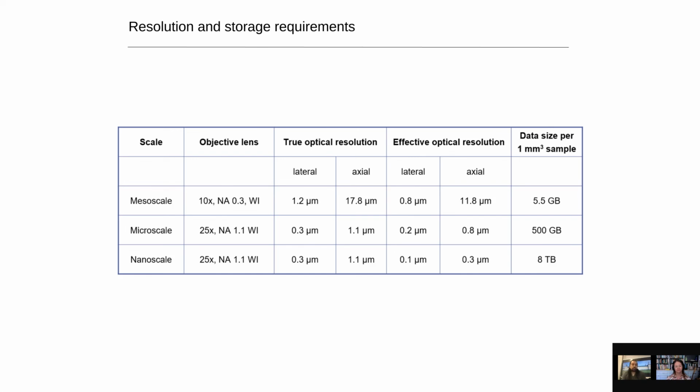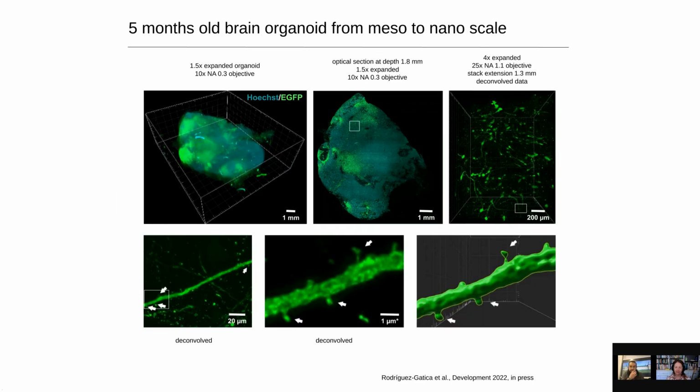We didn't do any analysis on the spines, like the shape. I mean, you can see the slides. We did that for brain organoids, but for mouse brains, we didn't do that analysis. It was not the focus, at least this time.